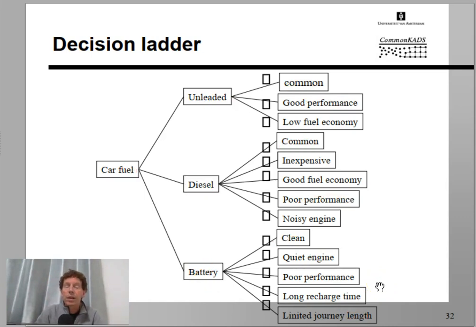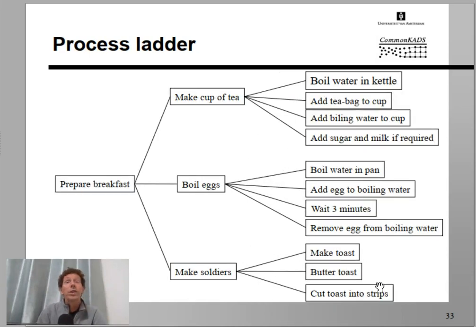So we are very liberal in what kind of hierarchies you're making, but in general, making hierarchies turns out to be a very useful thing to do in early stages of knowledge acquisition. Here's yet another example. This is where we are splitting up a process. Again, a trivial example from daily life. We're taking the process of preparing breakfast, and in this toy example, the process of constructing breakfast consists of 3 sub-processes.